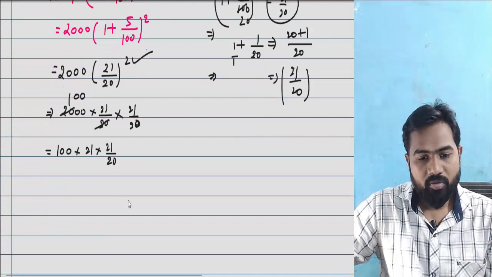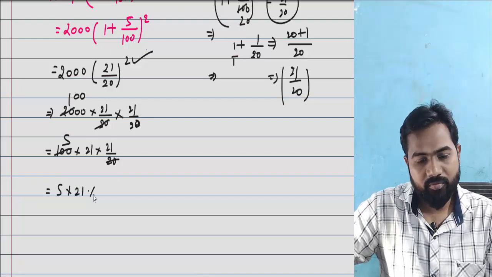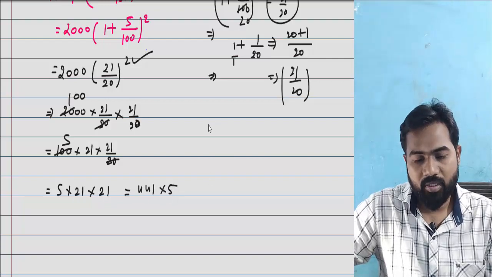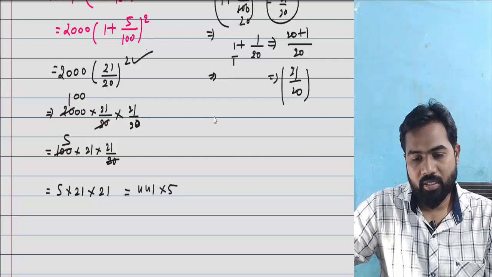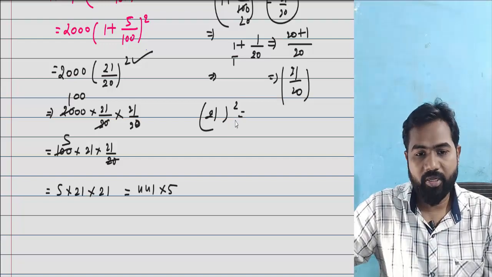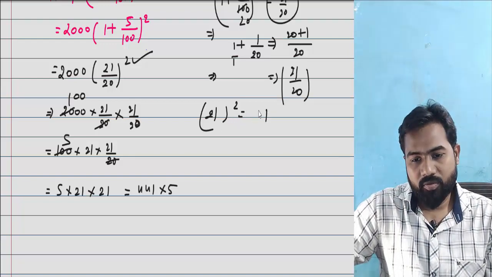So again we'll calculate over here, 5 twenties are 100. So 5 multiplied by 21 multiplied by 21. So 441 multiplied by 5. I had given this shortcut multiplication in our class. When we have to calculate the square of 21, the unit part is 1, you have to add 1 times 2, that is 4, and multiply 2 with 2, 2 twos are 4.